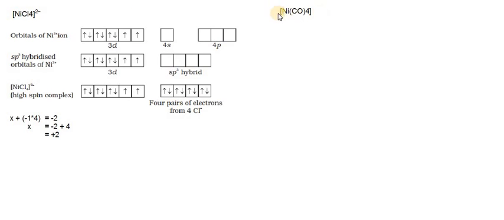As this complex contains nickel in the zero oxidation state, the nickel 3d orbital has all 10 electrons, and that's why it is diamagnetic, whereas NiCl4 shows a paramagnetic property. Here this shows a tetrahedral geometry, but it is diamagnetic in nature.